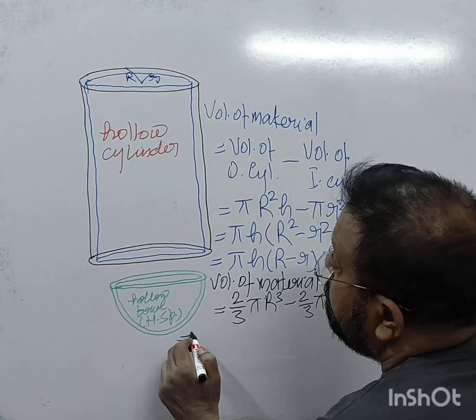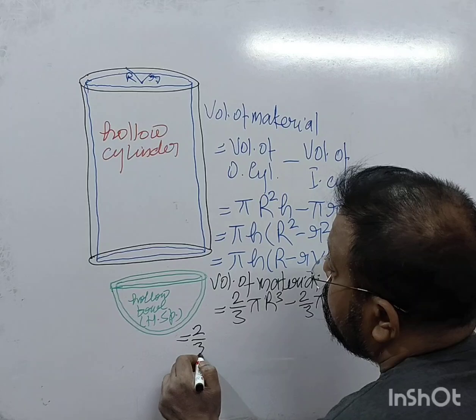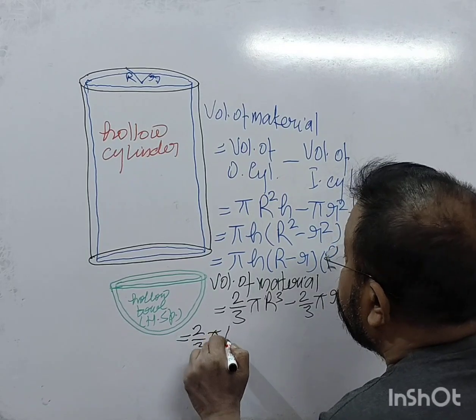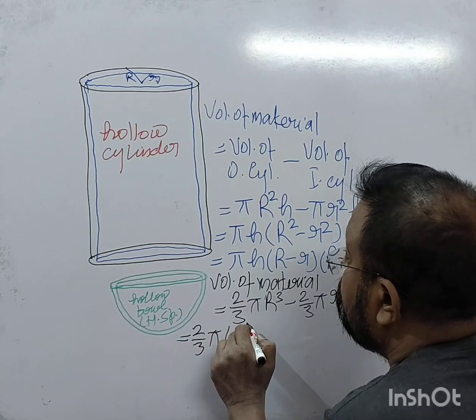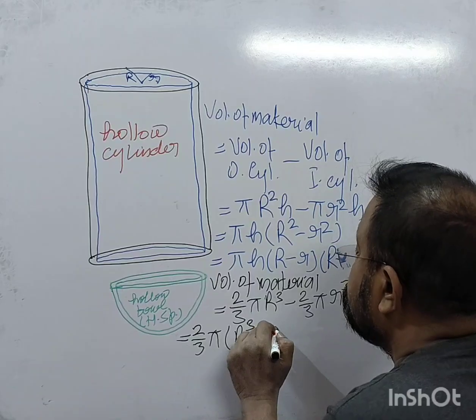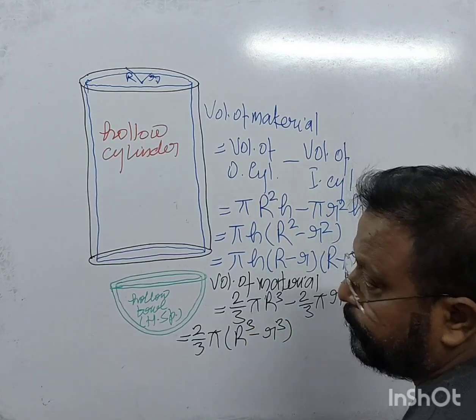So you can write here 2 by 3 pi bracket capital R cube minus small r cube.